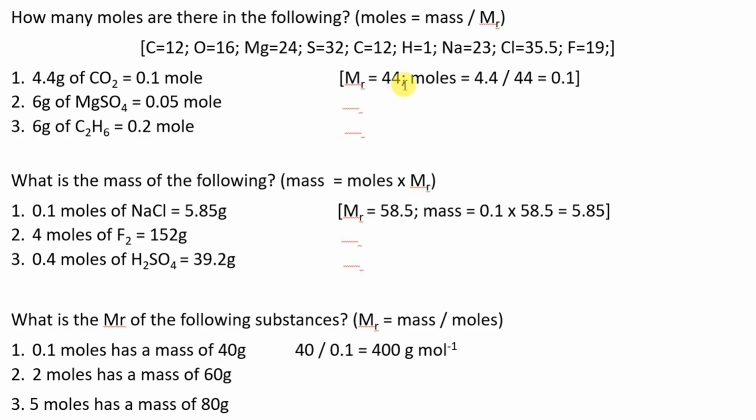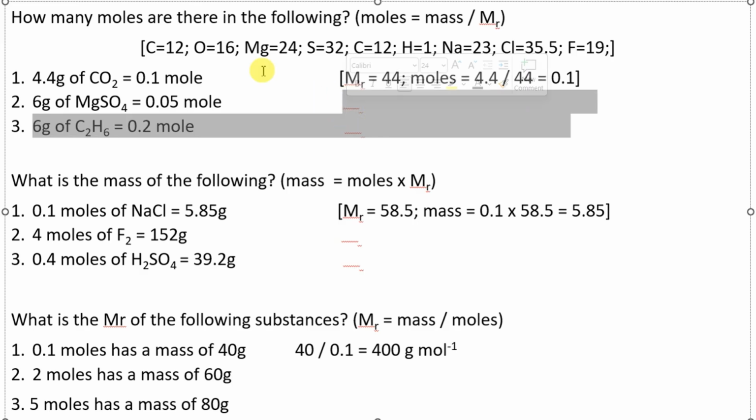My mR is 44, 1 carbon and 2 oxygens. To get my moles, I simply divide the mass by the mR. The answer comes out here. 2 more examples. I have the answers here. If you'd like to try those, great. I'm highlighting the answers now so you can see.